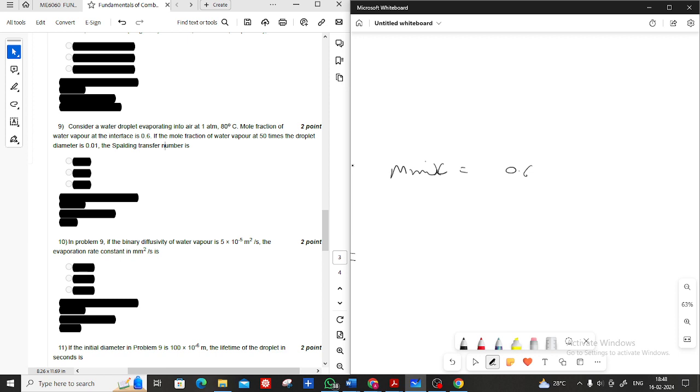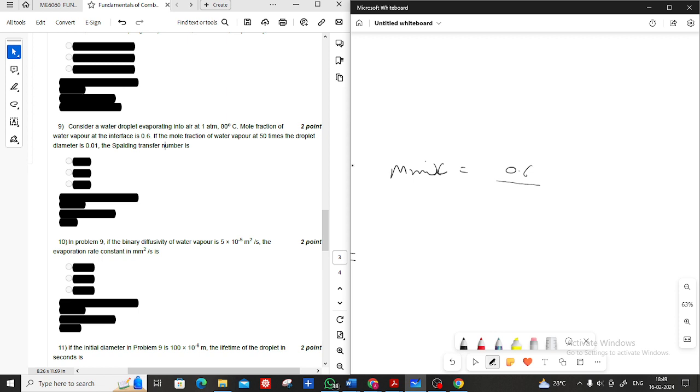What you said? Sir, that is for the air. At the interface, it should be 0.6, so 1 minus 0.6, that would be 0.4 for the air. So how will you calculate the molecular weight of mixture?